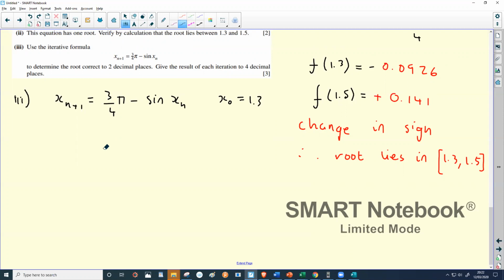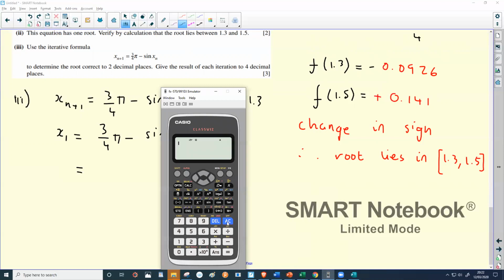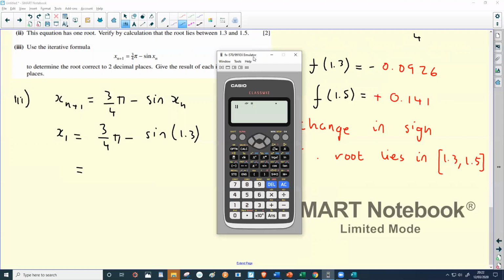And hopefully we'll see that it converges to the root. So for the first value, we're going to show that x1 equals 3/4 pi minus sine of 1.3. So I'm just showing my working out for the first step, and then after that, I won't need to do that. So here, I'm going to type in 1.3 and press equals.